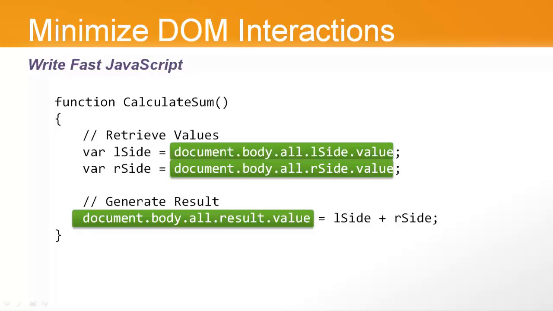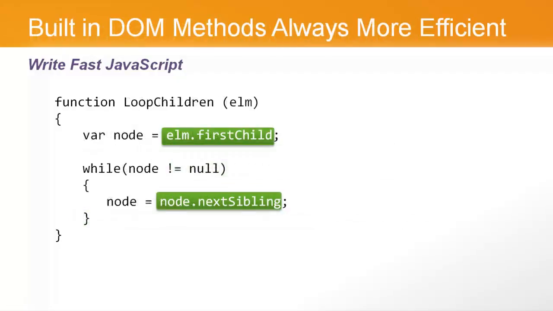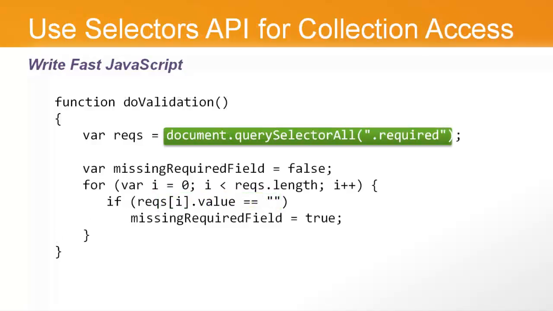So try to put those hits into one big hit instead of doing it in small chunks. Also, try to use the built-in methods for those things rather than building your own. That way it's going to be more efficient than if you were crawling or implementing the methods yourself.